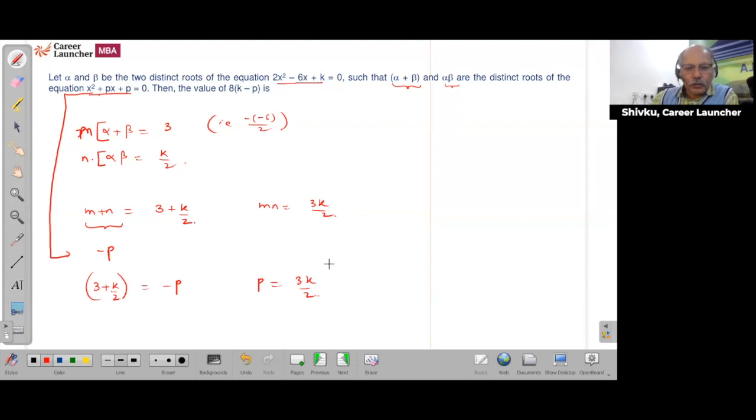So just substitute it there. You'll get 3 plus k by 2 is equal to minus 3k by 2. From this, we'll get 4k by 2 is equal to minus 3, which means k is equal to minus 6 by 4, or minus 3 by 2.